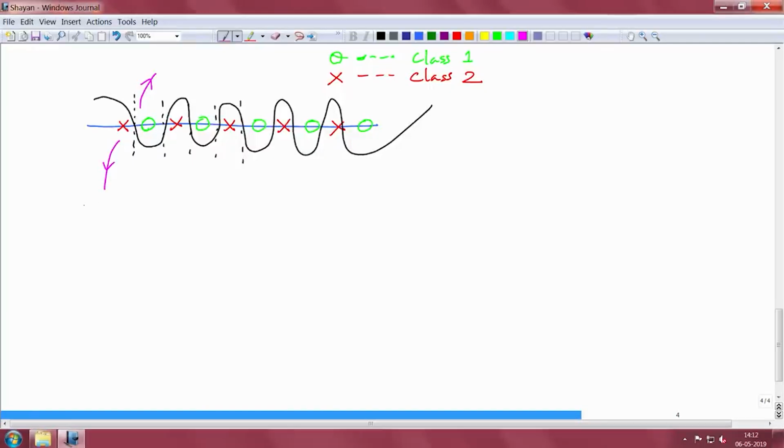So this is basically class 2 and this is basically class 1. So there is non-linearity here. With one line we could not separate these points, but with a curve we are able to classify these points.